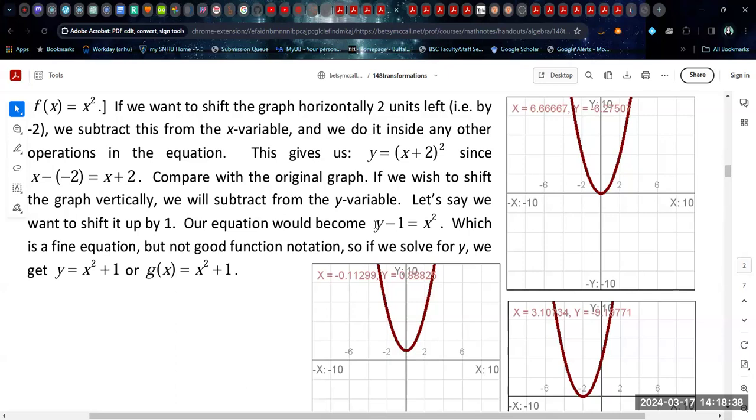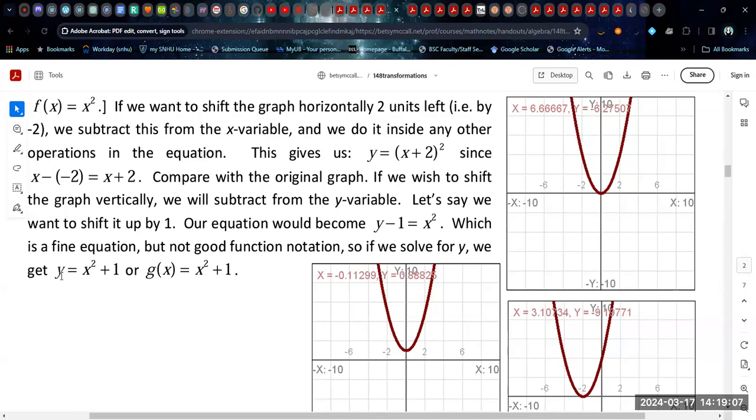But then what I'm doing is moving it over to the other side of the equation, and it's turning into a +1 on the other side of the equation. So I can think of this either as always do the opposite on the side with a variable, or I can just say, okay, if I want to shift something in function notation, I subtract when it's x and I add when it's y. But I'm adding on the opposite side of the equation.